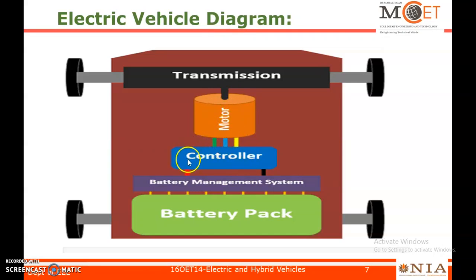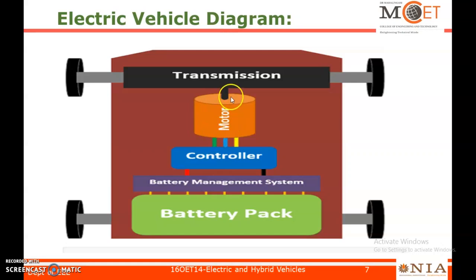This power electronics controller or converter will regulate the speed of the motor, because the output of this power electronics controller or converter will condition and control the electrical input to this electric motor.